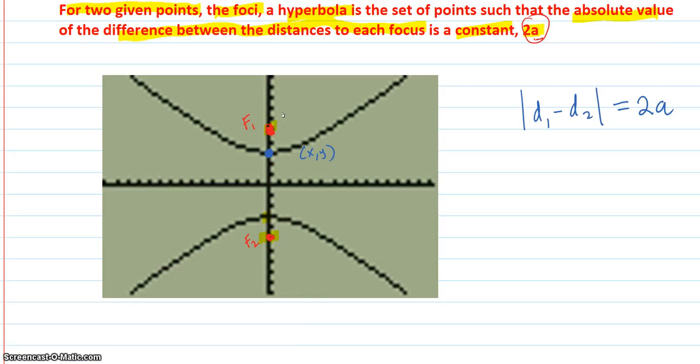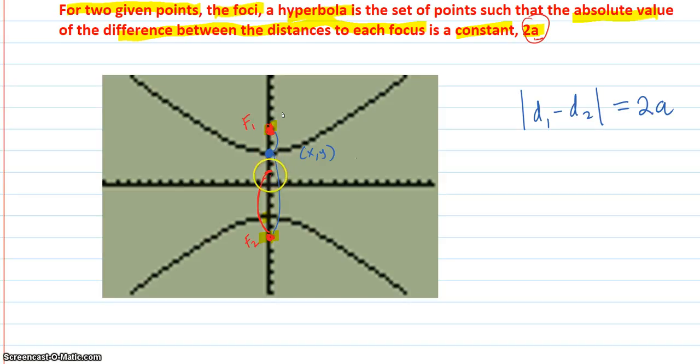Now, right here, the distance to the focus is here, and the distance to the other focus is here, and if you subtract them, that's like taking this away from this. So 1, 2, so 1, 2. So now you're talking about a distance from here to here remaining, and that is exactly the same.